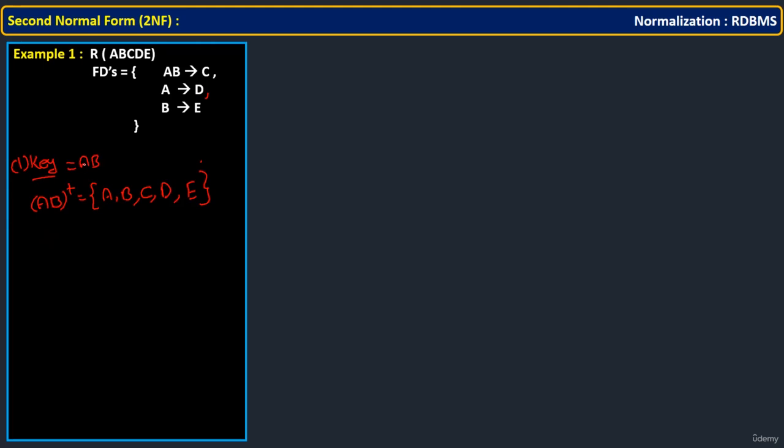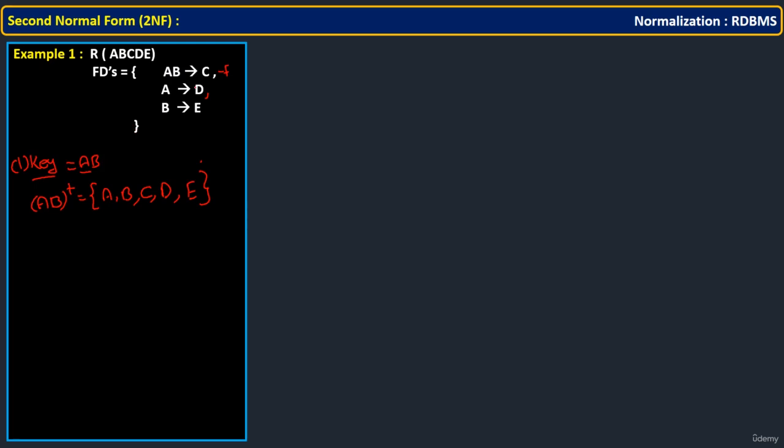Now what we have to do is observe whether individually A, that means a subset of this key, derives any non-key attributes or not. So this is a full functional dependency, because C is a non-key attribute fully dependent on the primary key.